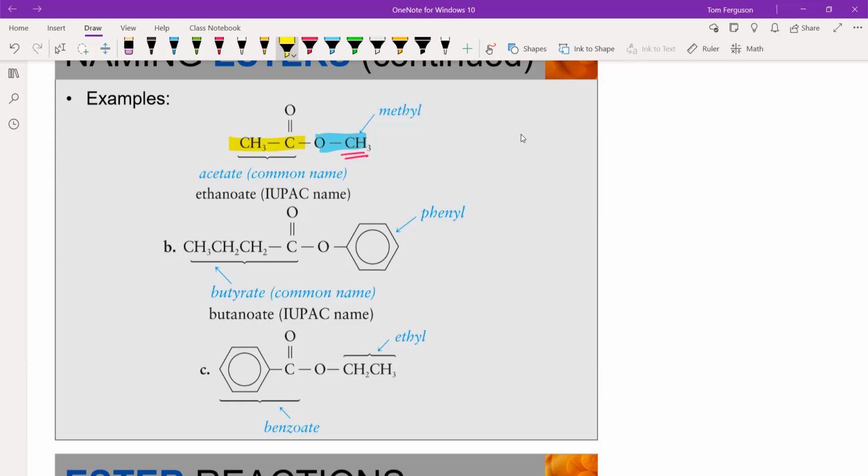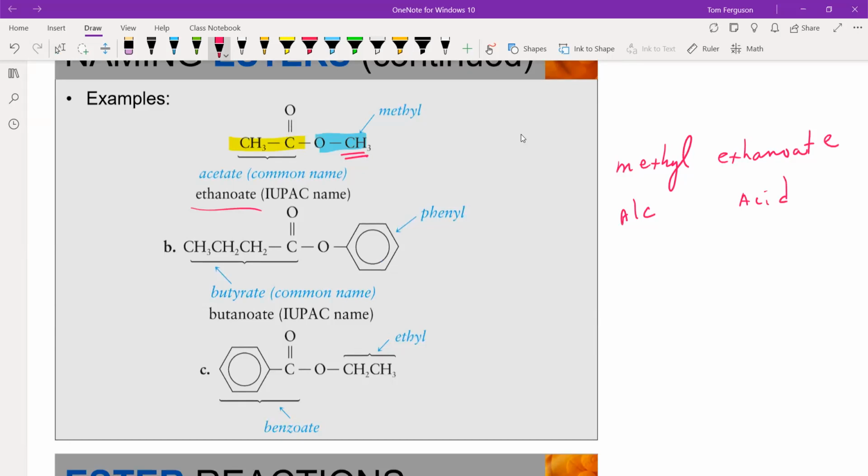So to name this, we would name it as methyl. Let's not use the acetate, let's use the IUPAC name. This is the alcohol part of the name, acid part of the name.